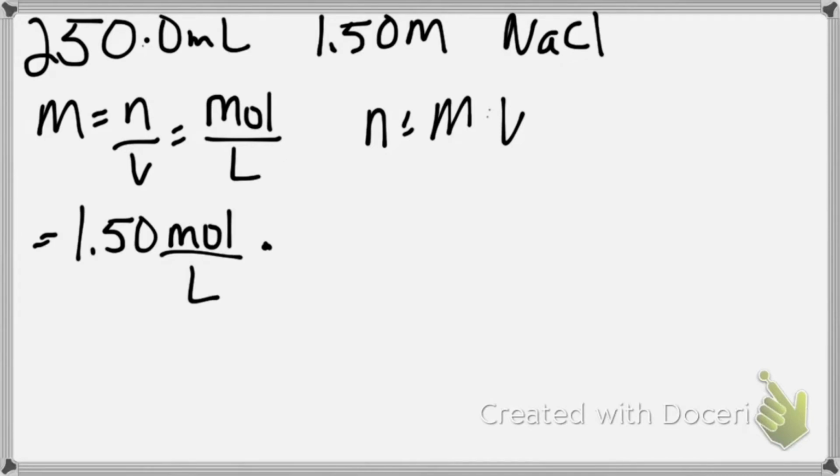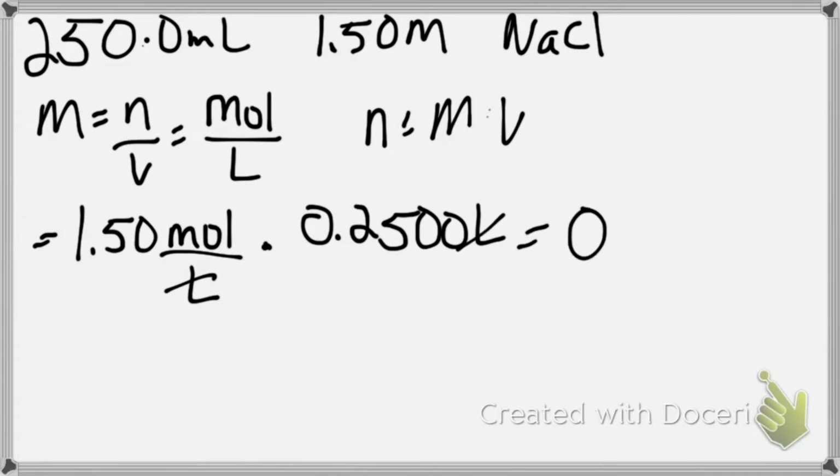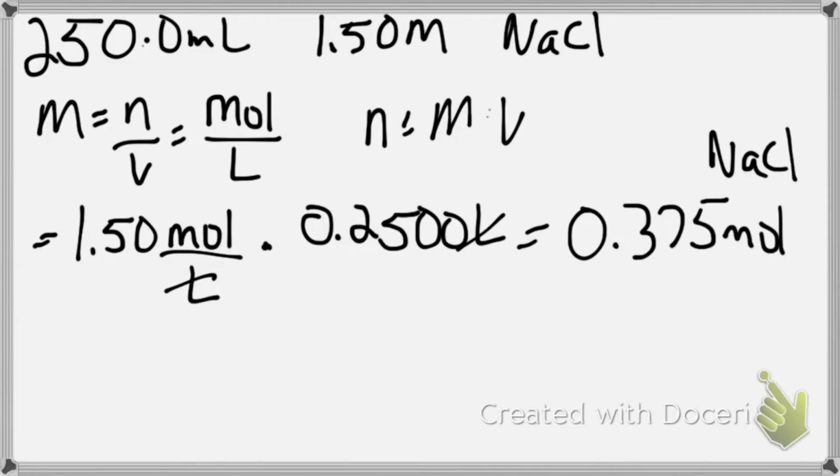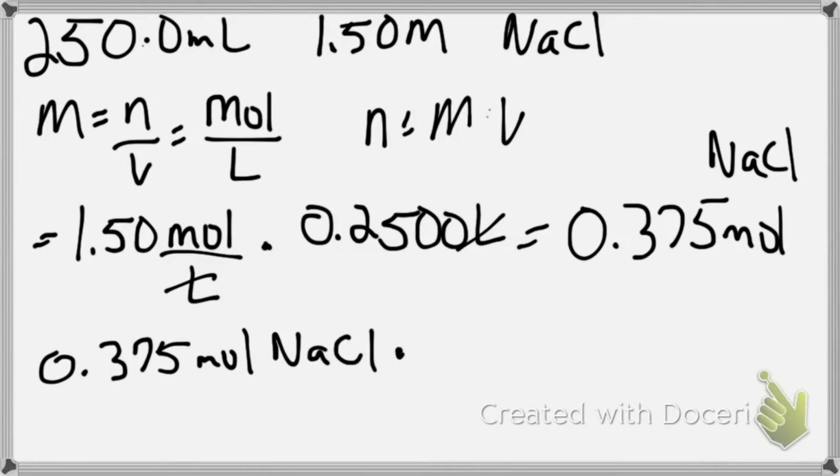So that's going to be 0.2500 liters, because you need liters to cancel out. When you multiply that, what you get is 0.375 moles of NaCl. And now what you have to do is take that 0.375 moles of NaCl and multiply it by the molar mass.